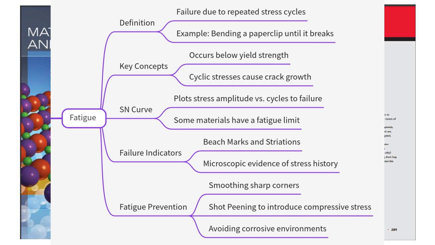And speaking of repeated stress, that brings us to fatigue, right? Exactly. Fatigue is basically the weakening of a material due to repeated stress cycles. You can think about it like bending a paperclip back and forth until it breaks. So it gets tired after being bent back and forth so many times. Exactly.